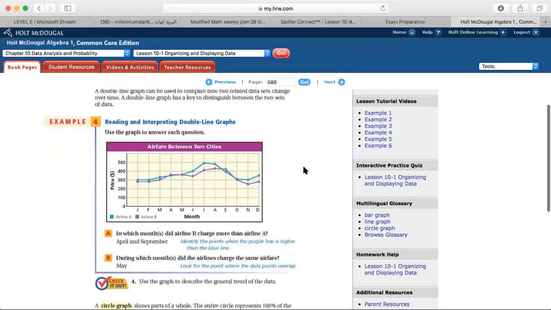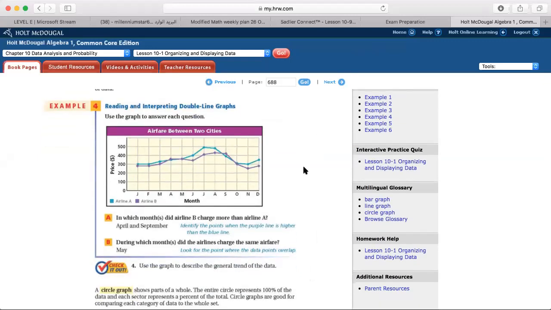Next page, page 688. Reading and interpreting double line graphs. It is the same as a double bar graph, but here it is double line graphs. Use the graph to answer each question. As we know, when we say double, we must have a key in the graph.